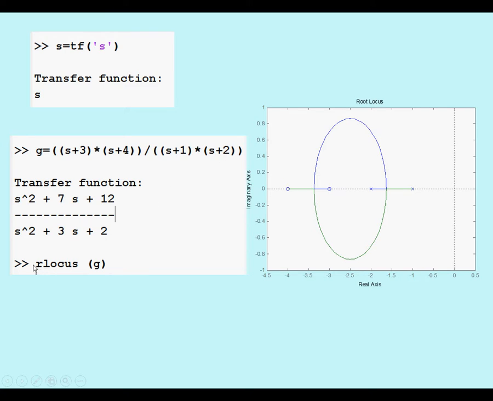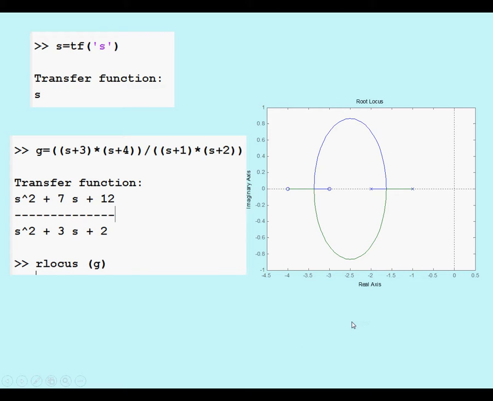And then you do rlocus, and you're going to get all the root locus that you have for the different values of the gain. So this is the real and imaginary axis, and with colors the program could tell you how they go.